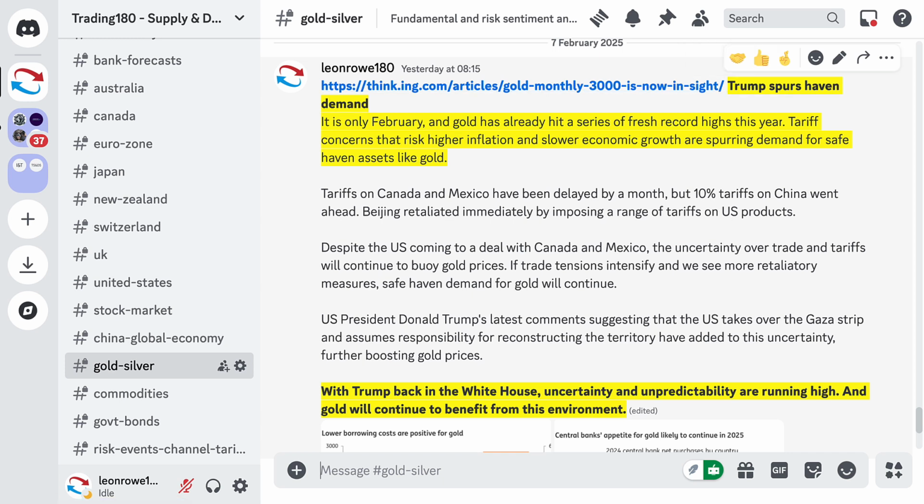It is only February, and gold has already hit a series of fresh record highs this year. Tariff concerns that risk higher inflation and slower economic growth are spurring demand for safe haven assets like gold. With Trump back in the White House, uncertainty and unpredictability are running high, and gold will continue to benefit from this environment.